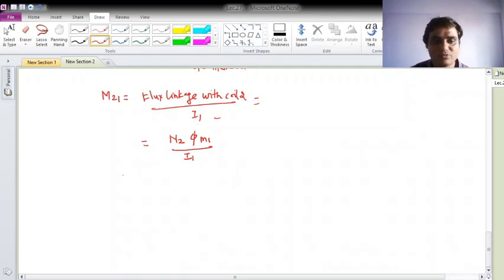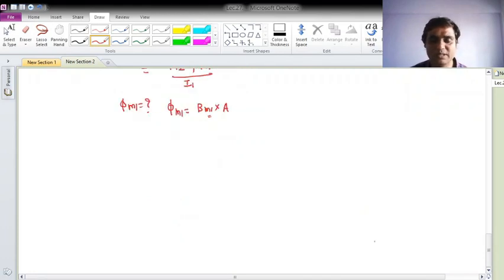Okay, now what is my aim? My aim is to compute the strength of the mutual flux. This can be computed as the magnetic flux density for coil 1 into the cross section area, let's say, for a linear magnetic field. We know magnetic flux density is the constant of proportionality that depends on the medium, mu 0 mu r, into the magnetic field strength.